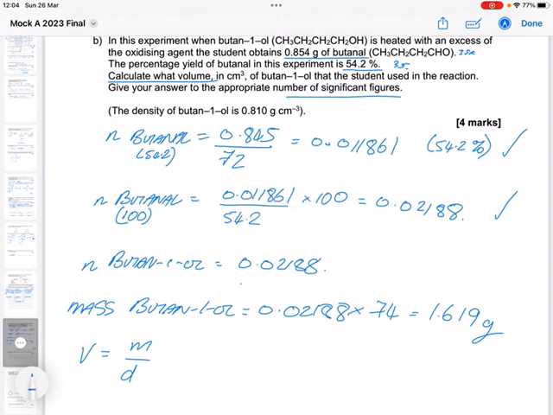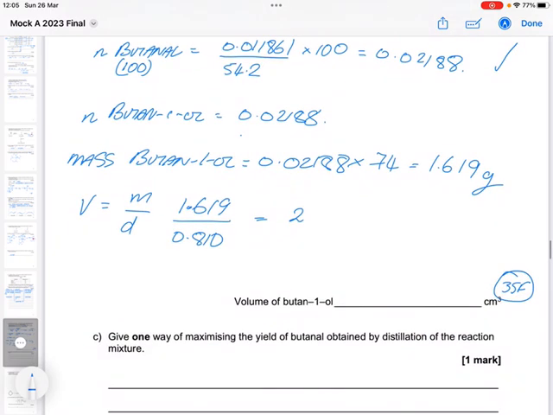So that is 1.619 divided by, and I'm given the density here, 0.810, and that gives me 2 centimetres cubed. And then down here I've got my little reminder, so 2.00 centimetres cubed to get that final mark. Okay, so 1 mark for that, 1 mark for this, but it has to be to 3 significant figures.